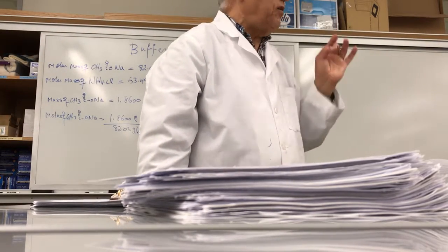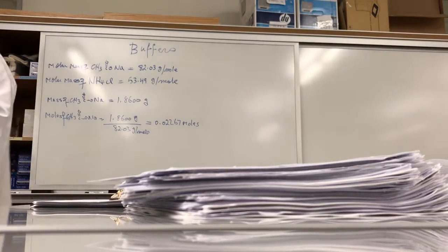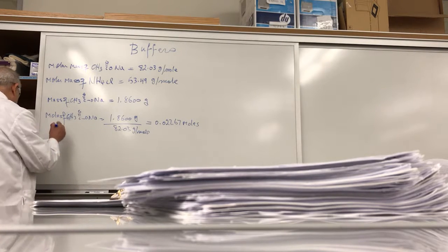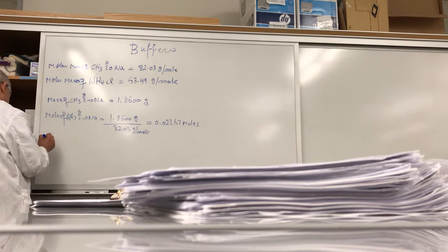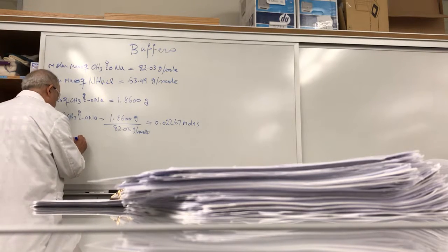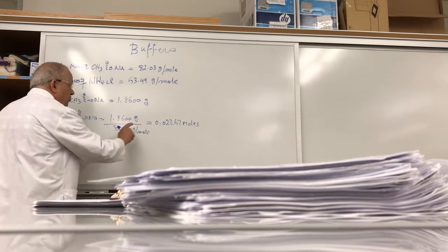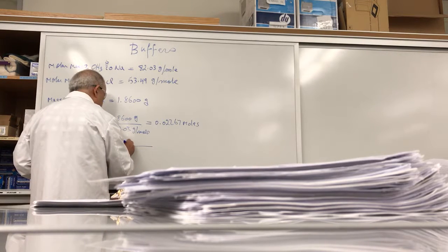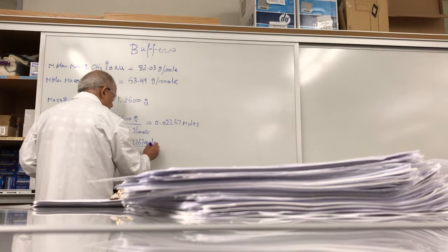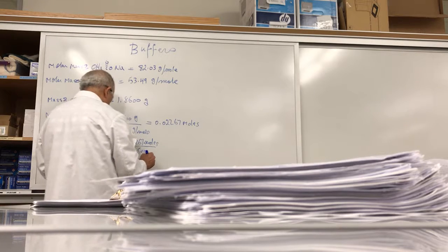That's 250 milliliters; the volume of the buffer we would have prepared in the lab is 250 milliliters. So the molarity of sodium acetate, CH3COONa, will be moles over volume: 0.02267 moles over 0.2500 liters.